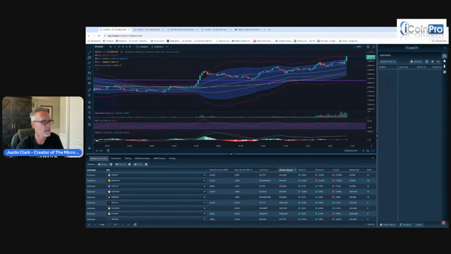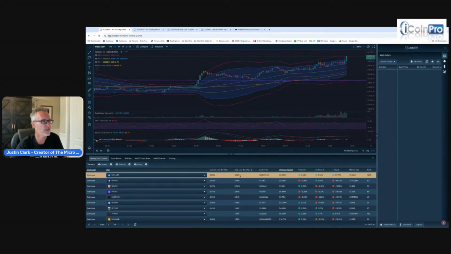If I change that to 5 million, I'm going to get a lot more coins in here. But Well and Ape are the two that I've got on my buddy list. They've got the best potential spreads and could give us some really good dip trades to do.